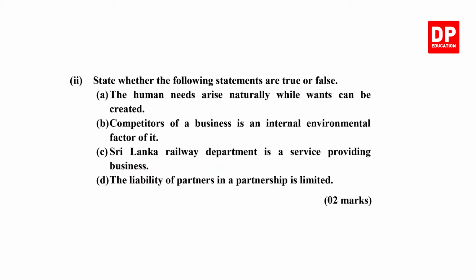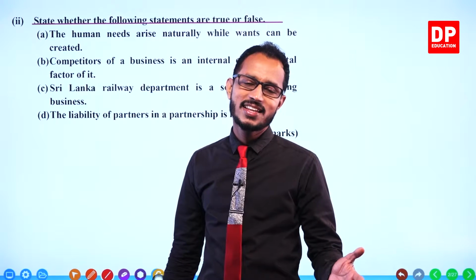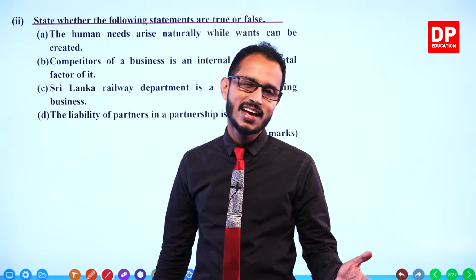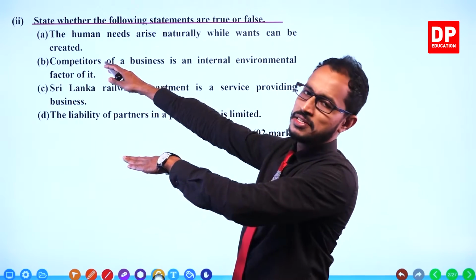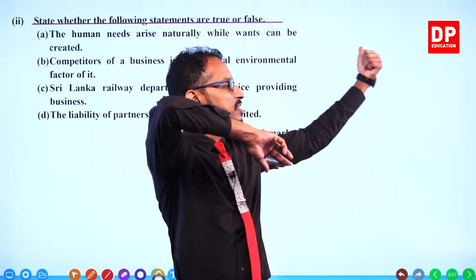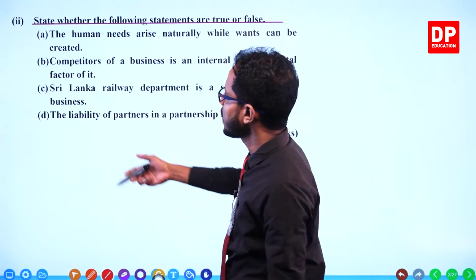Next, question number 2: State whether the following statements are true or false. We always get true or false questions, and it's fun. I like it. You just need to read the statement and mention whether it's true or false.